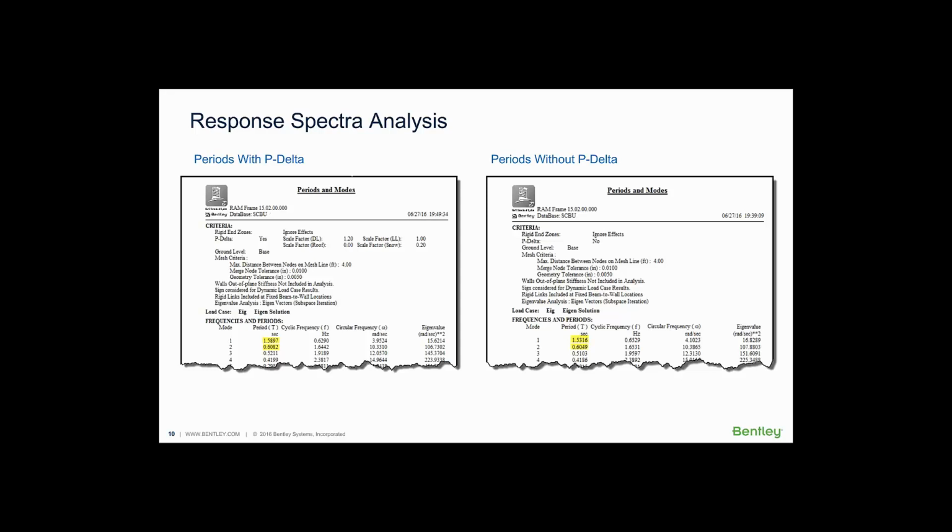So you'd be closer, but you'd still be missing those P delta effects in that portion of your analysis, and now it makes it harder to know how to modify the response spectra analysis load case to include that.